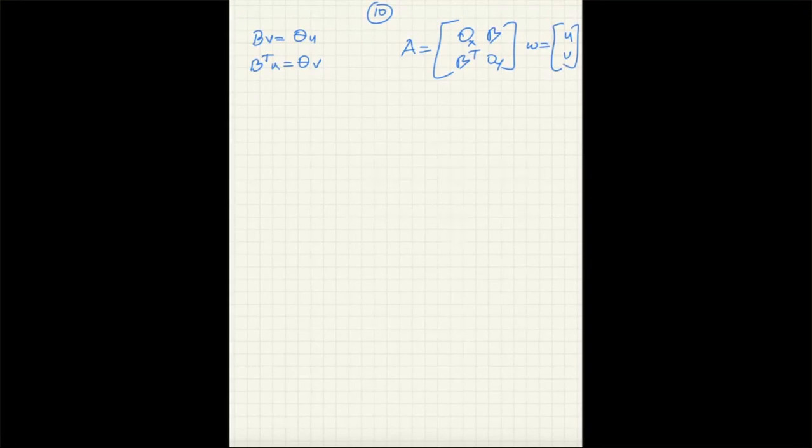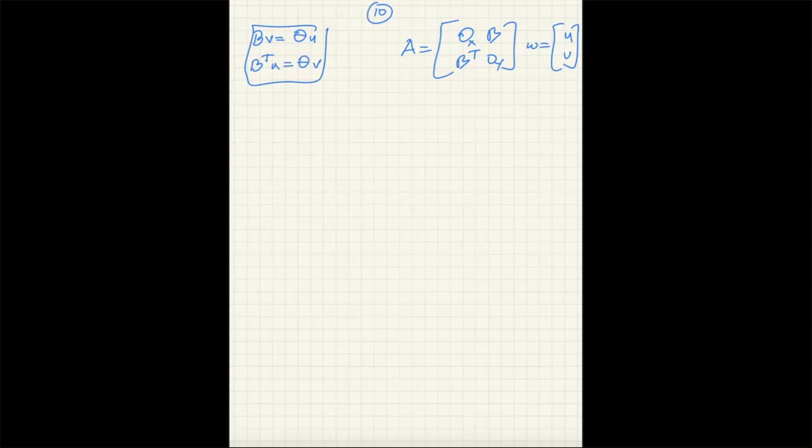All right, so we have this information about these matrices and these vectors U and V, and now we would like to prove that minus theta is an eigenvalue. To do that, we have to figure out an eigenvector for it.